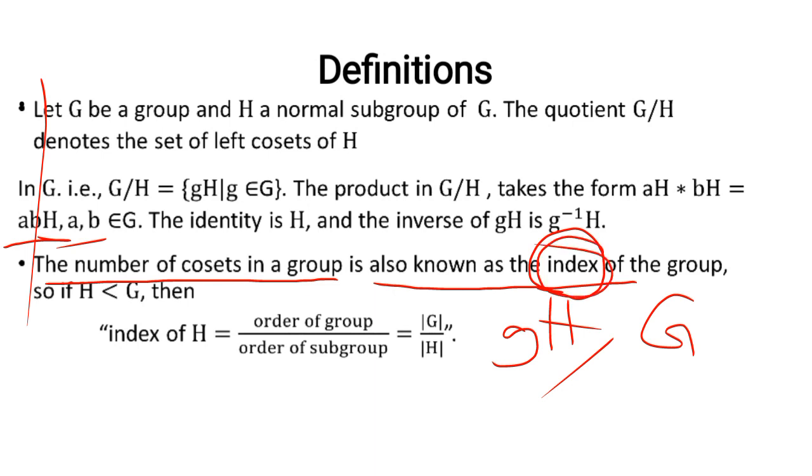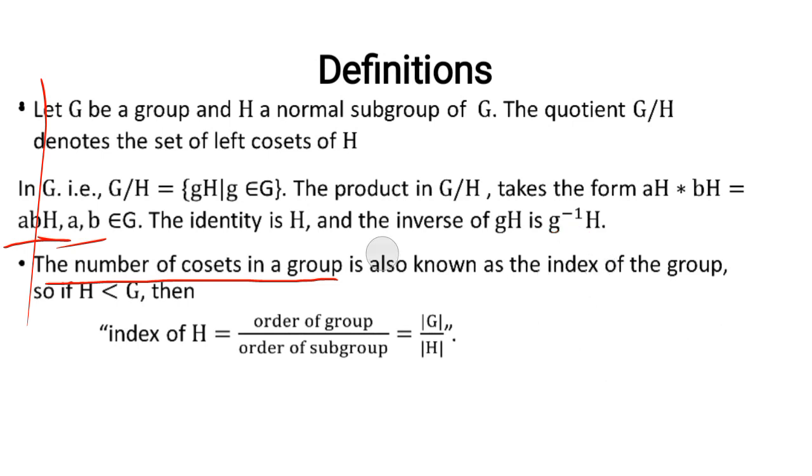So what's the formula for that, okay? First you know that H must be a normal subgroup. We say a normal subgroup is when the left coset equals the right coset, right? So the index is the number of cosets of the group. It's called the index. It's simply the order of the group.